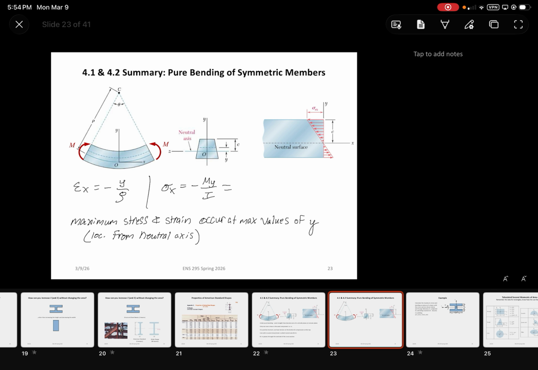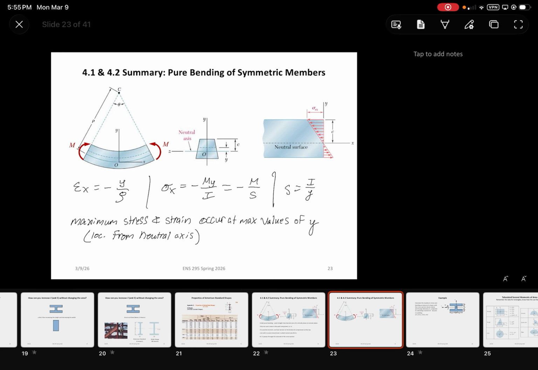We can summarize this for symmetric cross sections, the stress equation, to be equal to negative M over S, where S was equal to I over y.